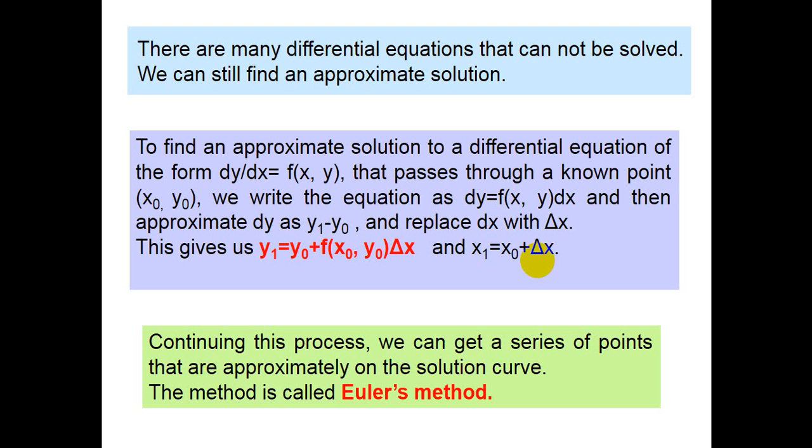We can now repeat this process using x1 and y1 as a known point to obtain the next point, x2 and y2. Continuing this process, we can get a series of points that are approximately on the solution curve. The method is called Euler's method.